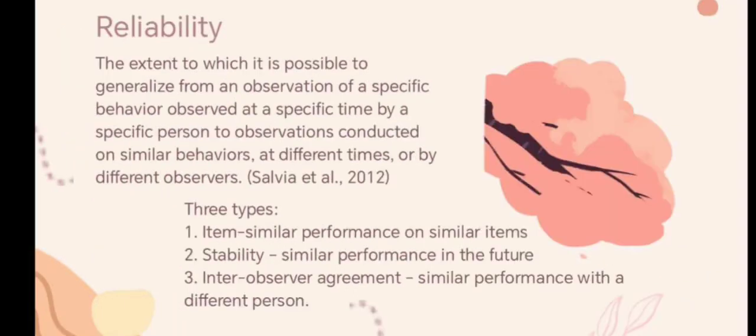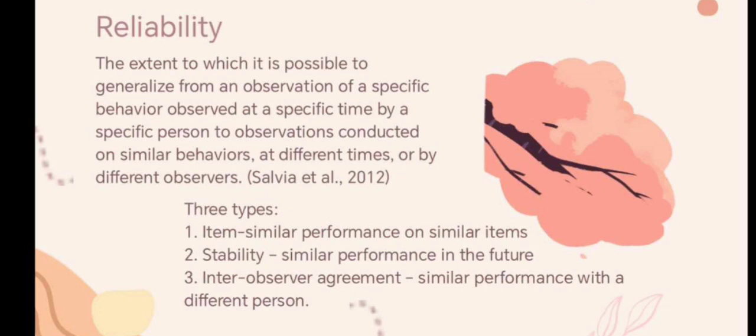So now let's proceed to reliability. Reliability is like consistency or dependability. It's about whether you can trust that something will give you the same result every time you use it. For example, if a scale always gives you the same weight measurement when you step on it multiple times, it's reliable.